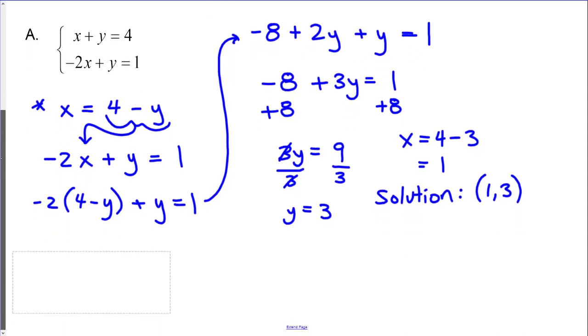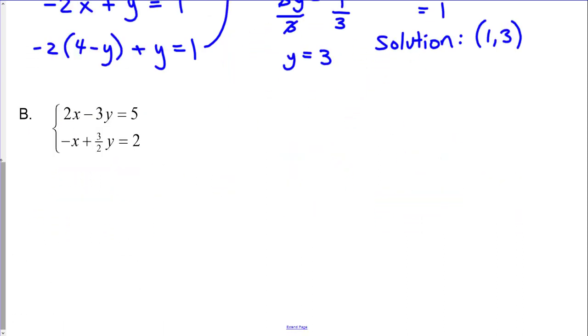Let's look at another example. 2x minus 3y equals 5, and x plus 3/2 y equals 2. In this system, I'm going to choose the second equation, and I'm going to solve it for x, simply because all the other variables would result in having fractions throughout the problem.